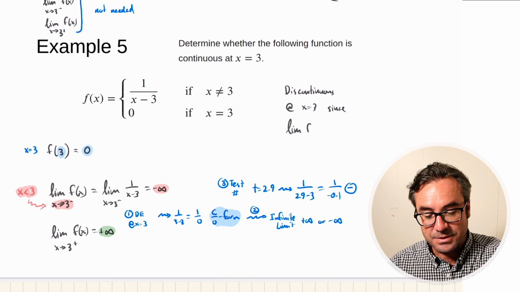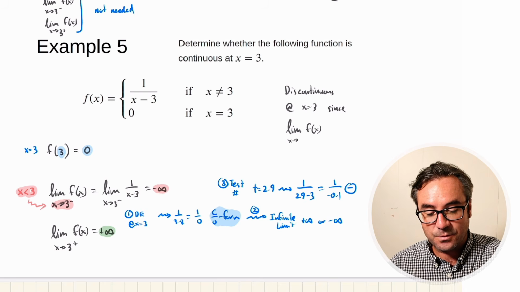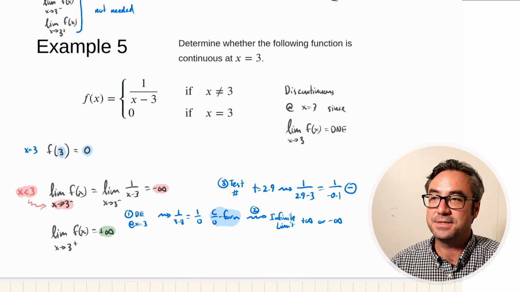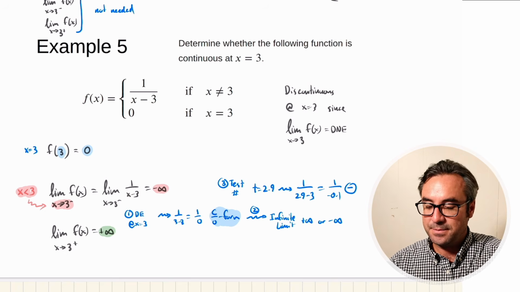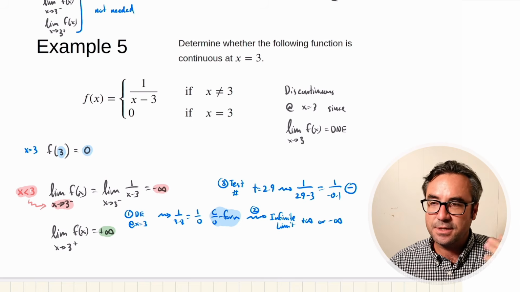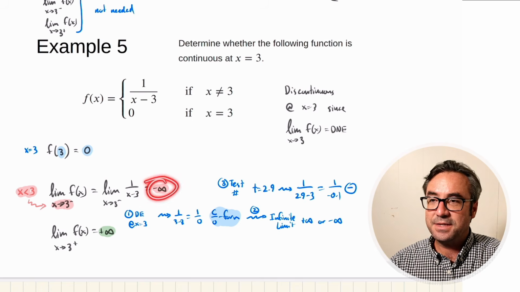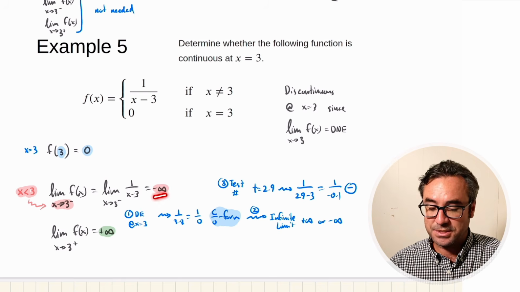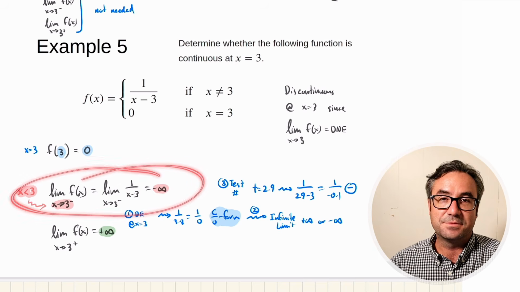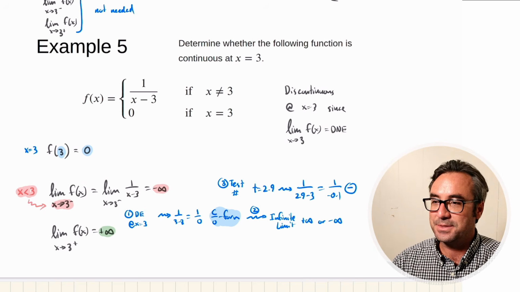So that's one thing you need for continuity. The overall limit has to exist, and in this case it doesn't. You might say, yeah, all 3 of these things don't match, discontinuous. Minus infinity is not a number, so we're not actually approaching a specific point on the left side. So this is really enough to say that this function is discontinuous.